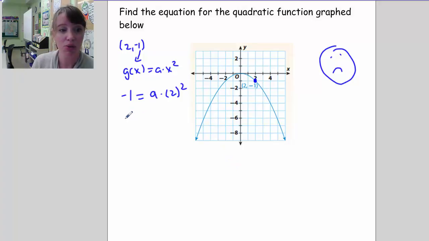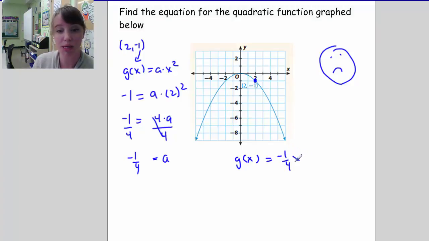It's that simple. So we have -1 is equal to 4 times a. Notice I just squared the 2 and I brought it out as a coefficient to the a. And then let's divide each side by 4. So we have a is equal to -1/4. And that's it. So our g of x here is -1/4 times x squared.